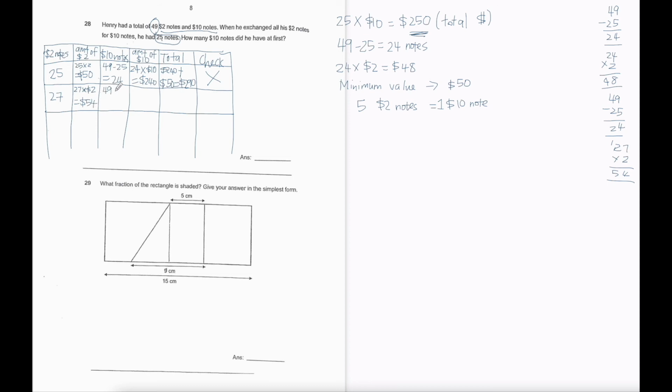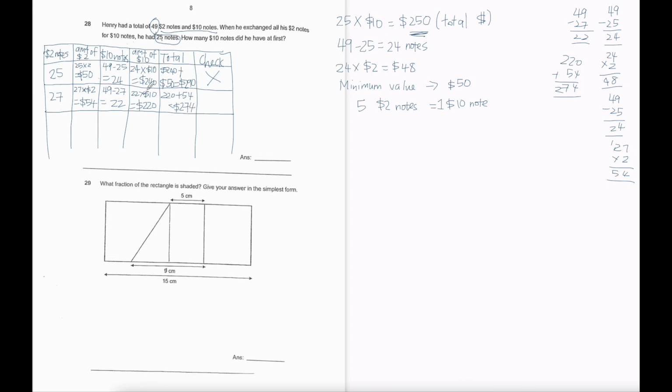The number of $10 notes will just be 49 minus 27. We get 22. So 22 times 10 equals 220. Then 220 plus 54 equals 274.